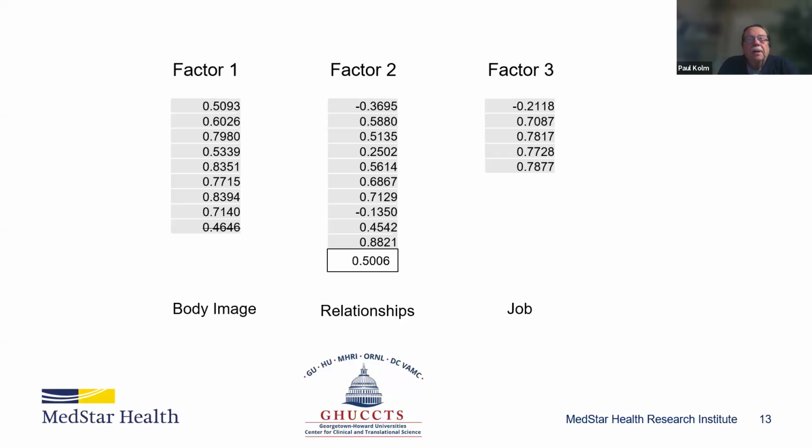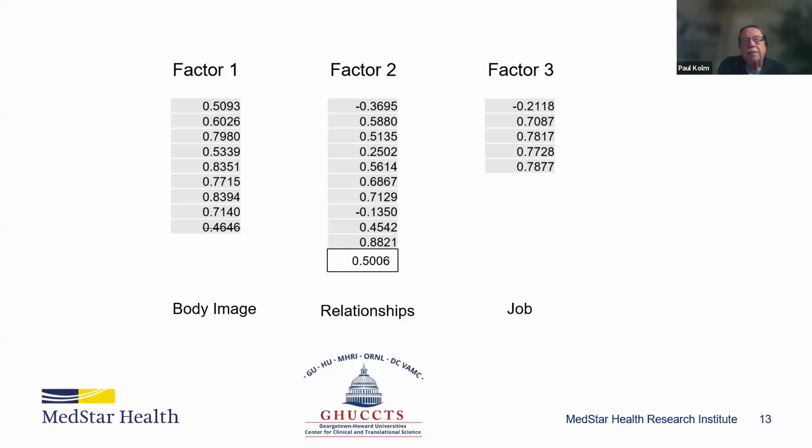I'm not sure that's what they actually are, but anyway, you name these by, if you have no idea to start with, you can examine the individual items and see, okay, maybe these items relate to body image, and this set of items relate to relationships and so on.